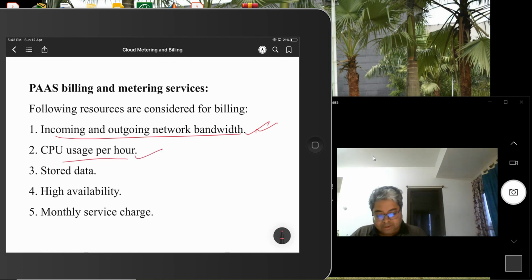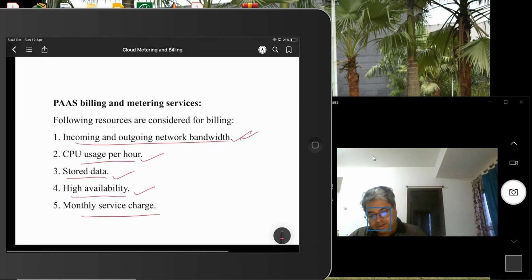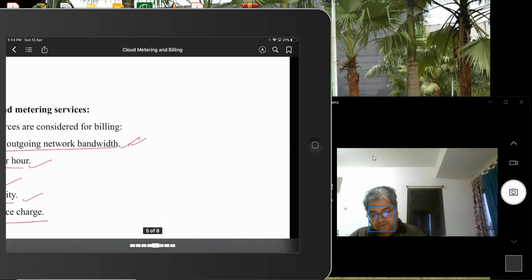Though billing will be done on a monthly basis, how much CPU computation power is being consumed, sometimes per minute also, is calculated. And then the stored data, how much data is being stored, and the high availability. If you choose your preferred availability zone, in that case also your cost will vary, and the service charge will always be monthly. Now the next one is the SaaS services.